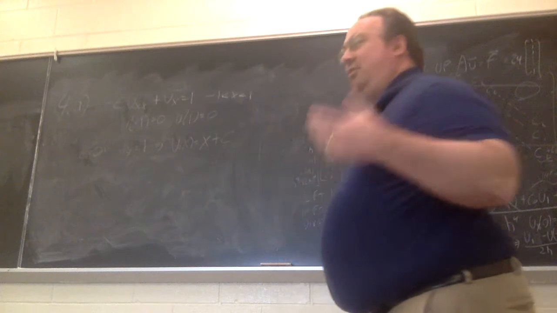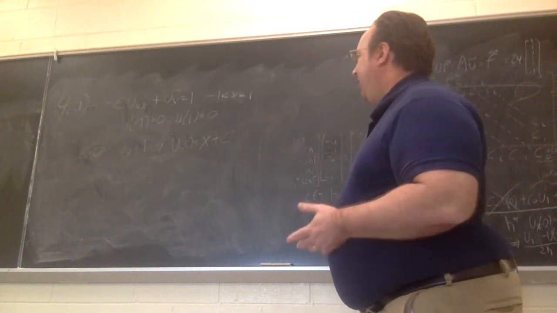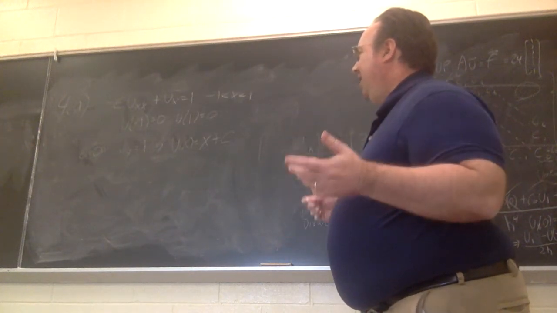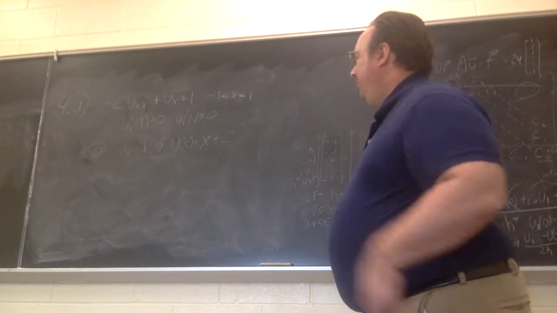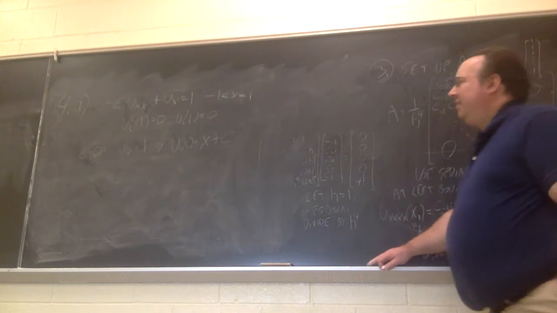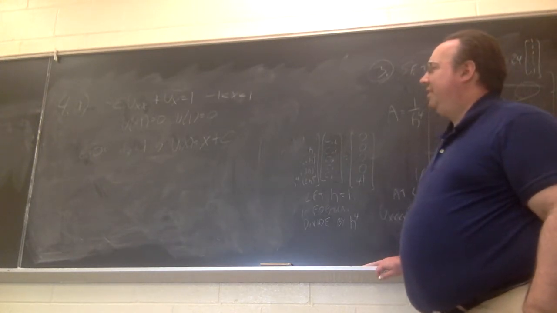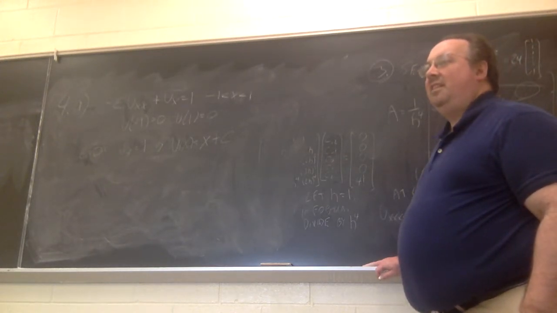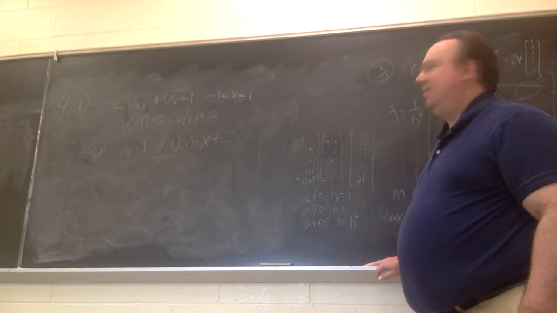Okay, no problem. Then I'll just have this satisfy the boundary conditions and we'll be done. But what goes wrong when you try to apply the boundary conditions to that?